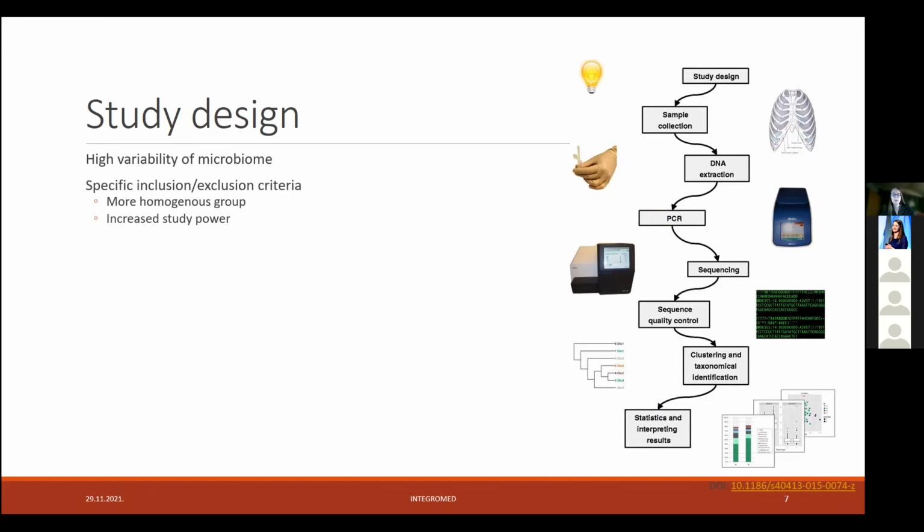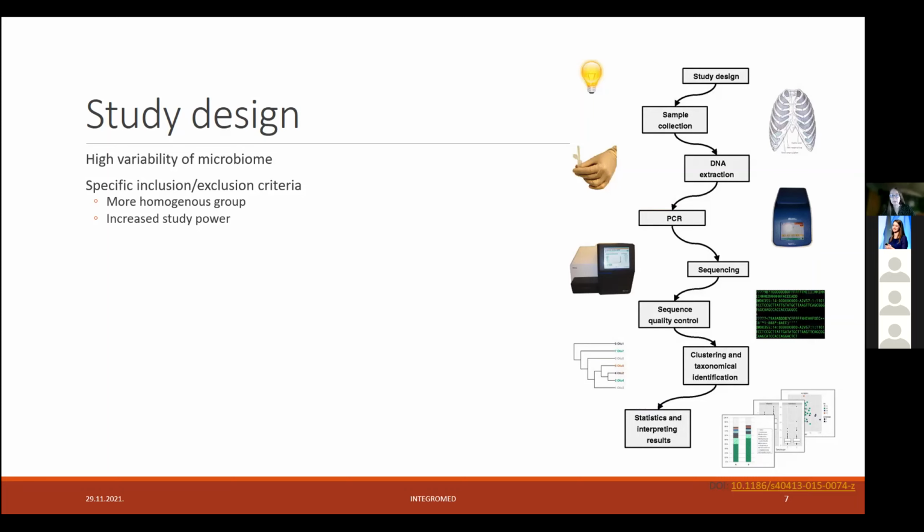Usually when we create study design and we create microbiome studies, we should define specific inclusion-exclusion criteria. Why is it important? Because therefore we will create a more homogeneous group, and we will also increase study power.